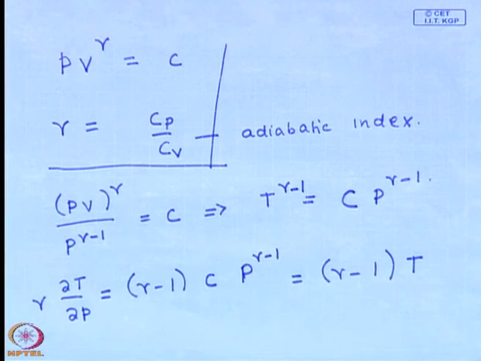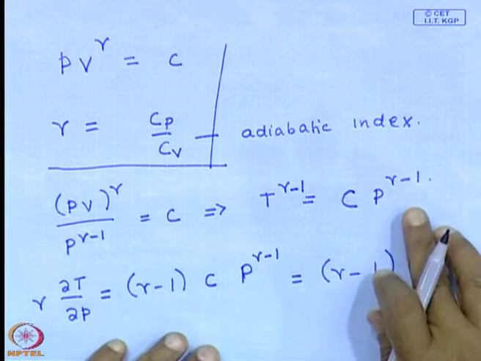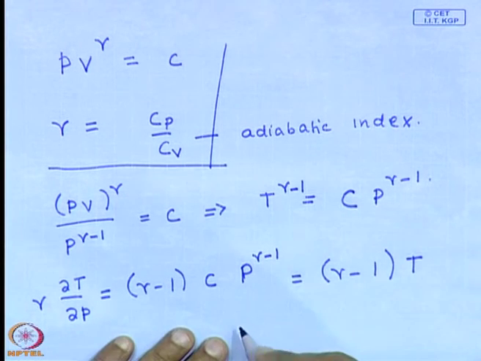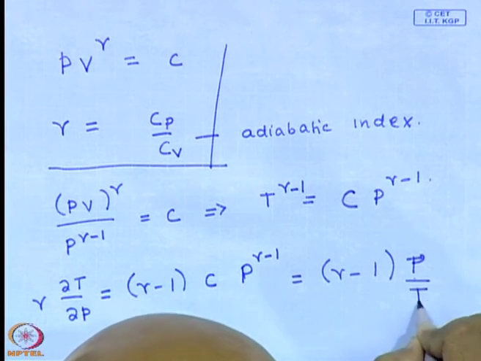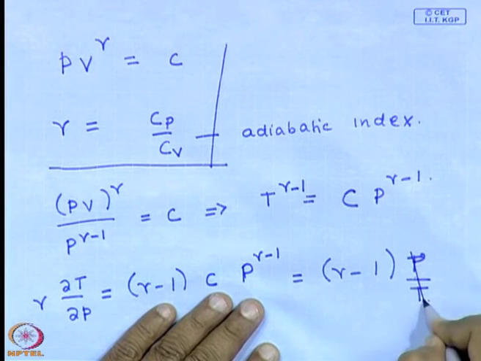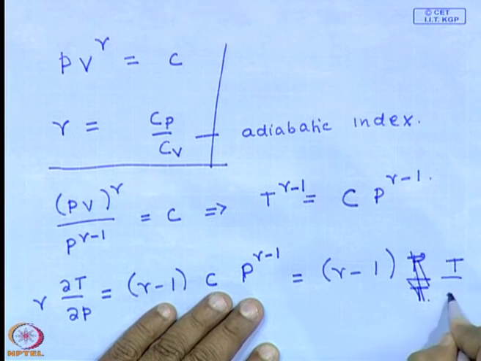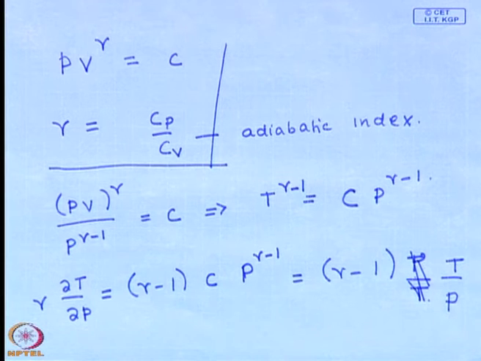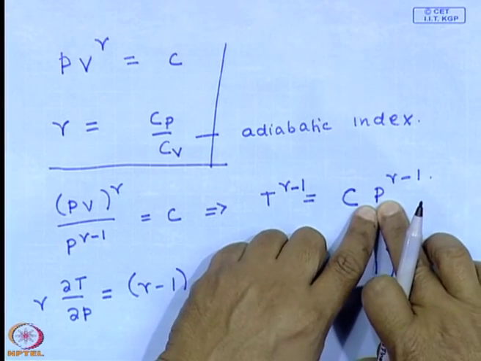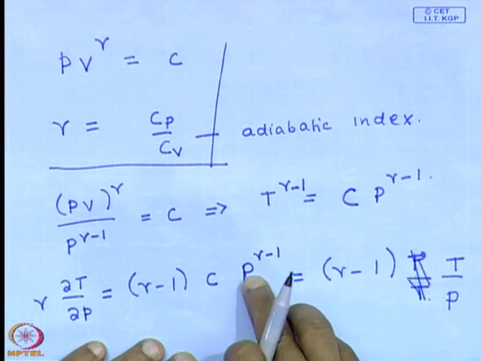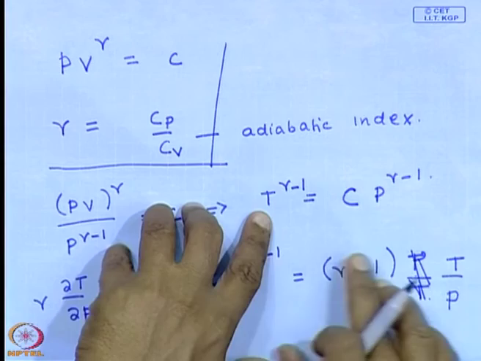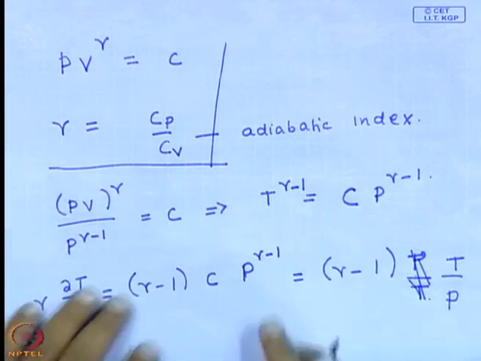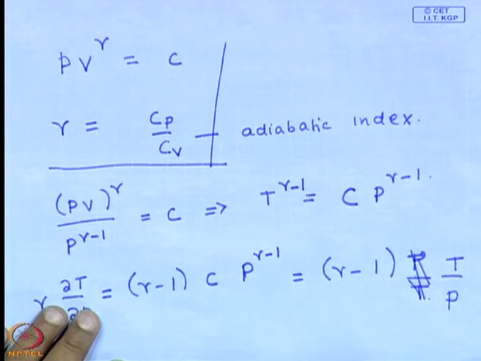There should be a T to the power gamma minus 1 here. So, this whole thing can be written as T by P. Right. So, P to the power gamma minus 1, we can write as P, so we can just eliminate this from here and you will get T by P. Okay.